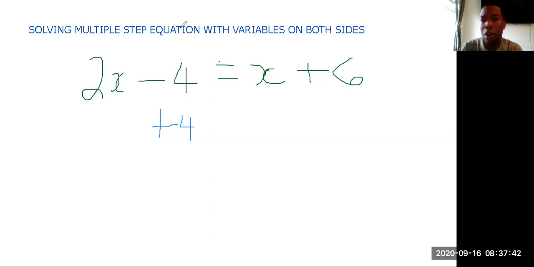All right, so I'm going to put my +4. I need my color to be blue. There it is. I put my +4 underneath the 6. All right, I'm not going to put my +4 underneath the x, because if I put my +4 underneath the x, they're not like terms. Remember, I want my like terms to be together.